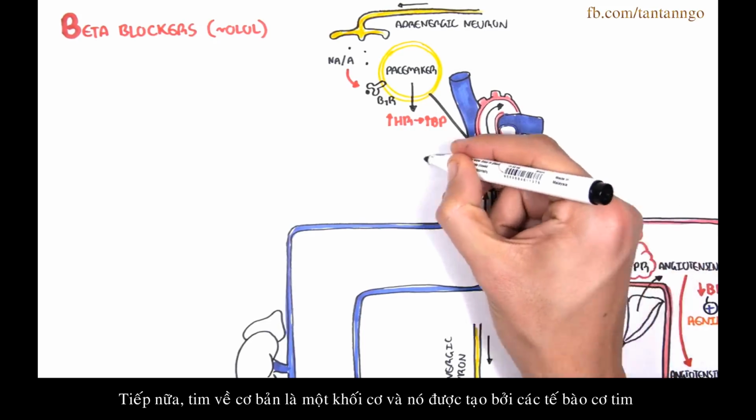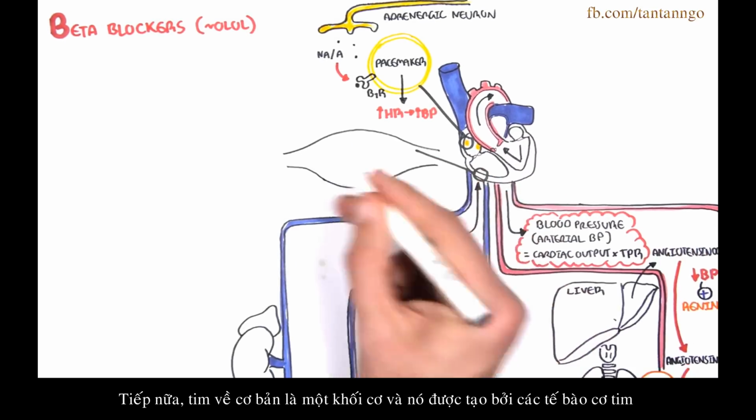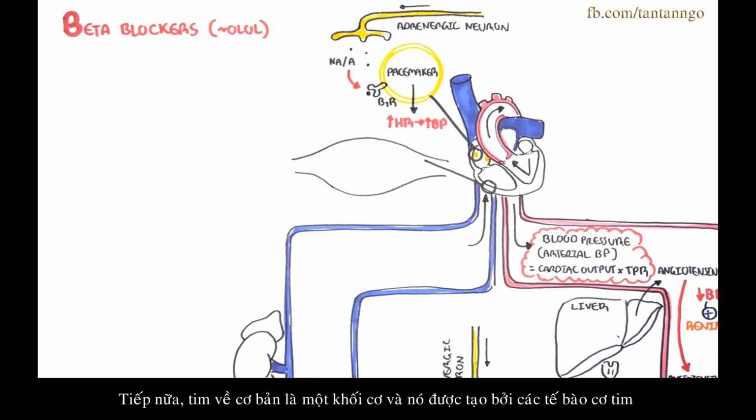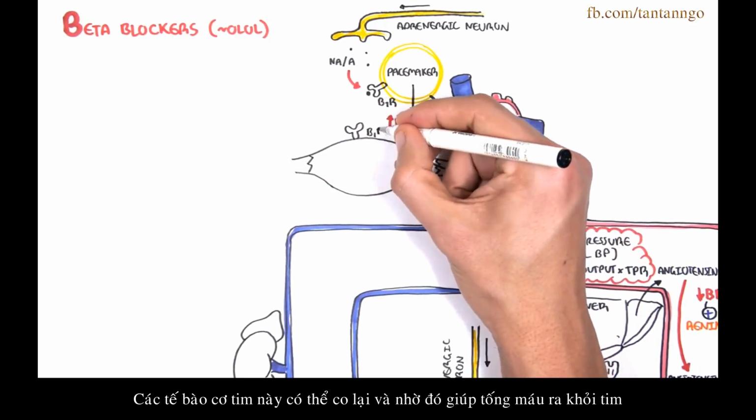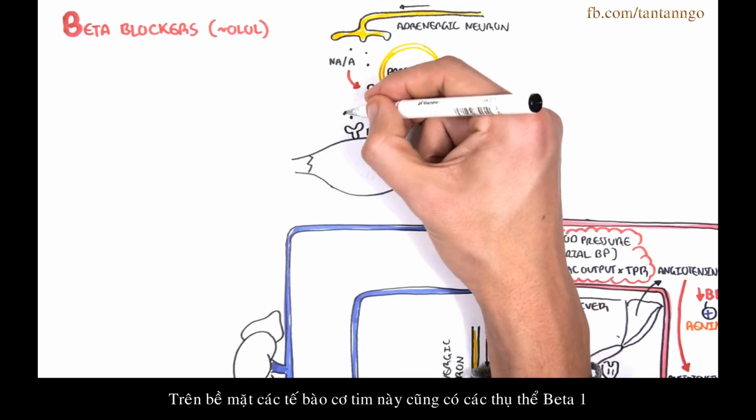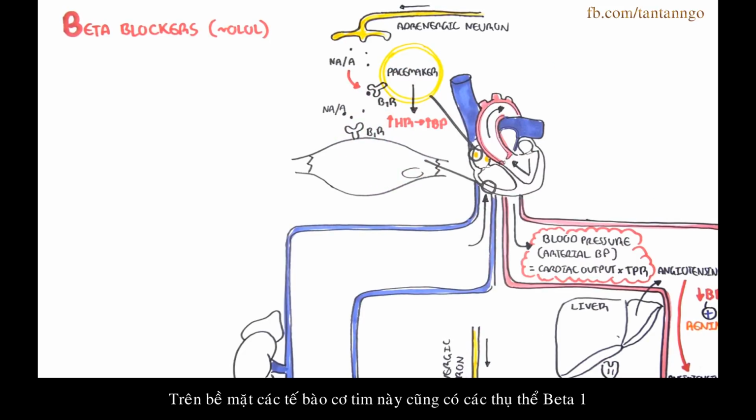Further, the heart itself is a muscular organ. It is made up of cardiomyocytes, which are basically the cardiac muscle cells. The muscle cells of the heart, the cardiomyocytes, are the cells which contract and help eject blood out. The heart muscle cells also contain beta-1 receptors.